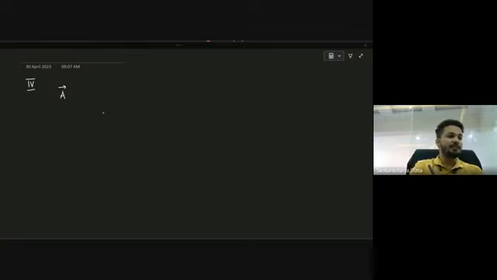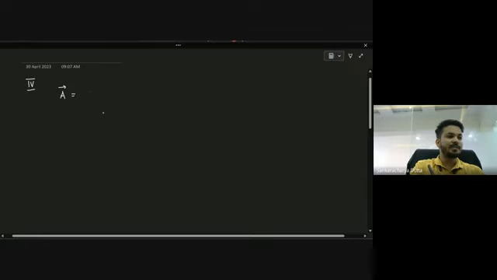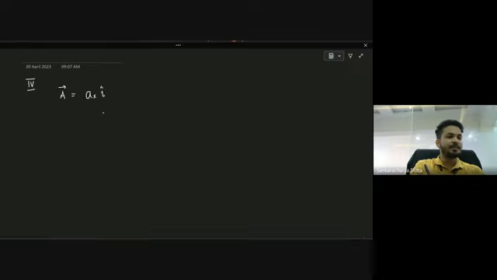So if you have two vectors in the component form, this is how they will look. Ax I cap plus ay j cap plus az k cap. This is vector number 1. This is vector number 2: Bx I cap plus by j cap plus bz k cap.